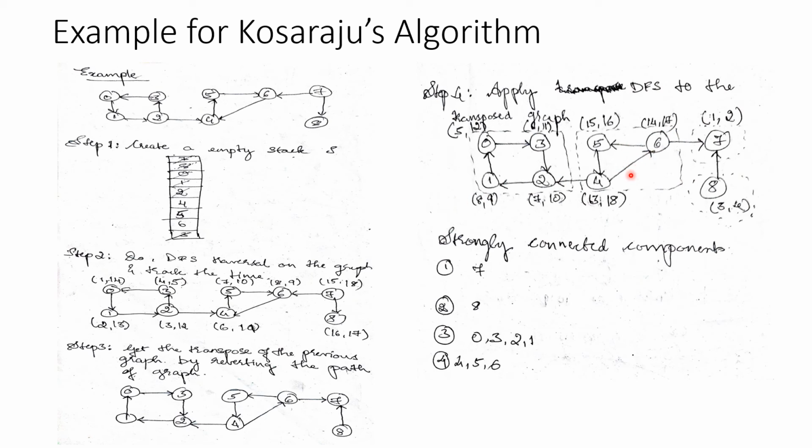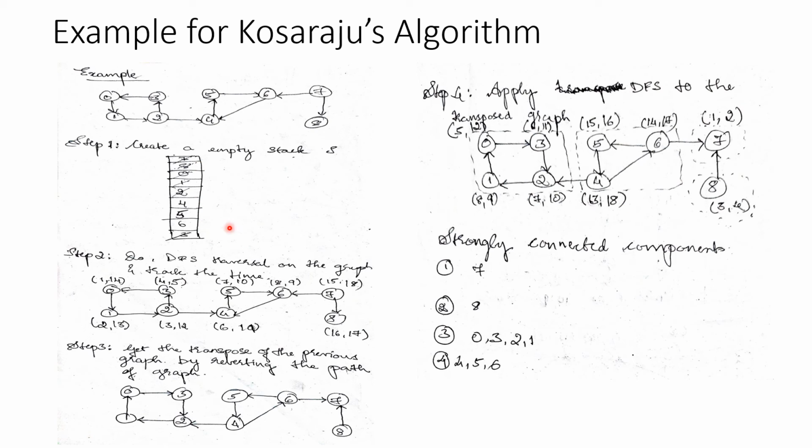Similarly, from this you go to 4 and pop out. So you visited all this and finished visiting it. Your next connected component is 4, 5, 6, and all the elements are now popped out of the stack. So you stop your algorithm here.